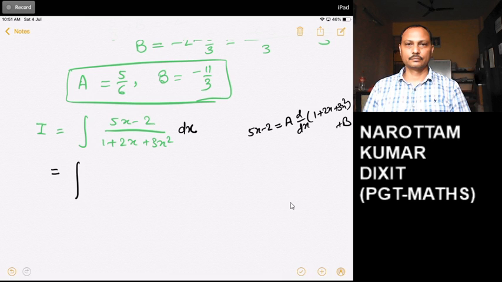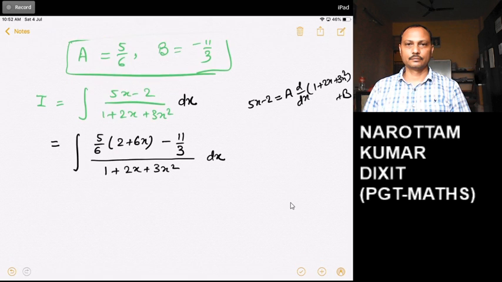So we can write a, meaning 5 upon 6, times the derivative of the denominator, and that was 2 plus 6x, plus the value of b, that is minus 11 upon 3, divided by 1 plus 2x plus 3x square dx.